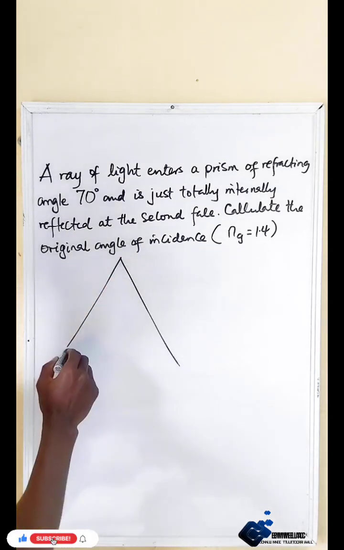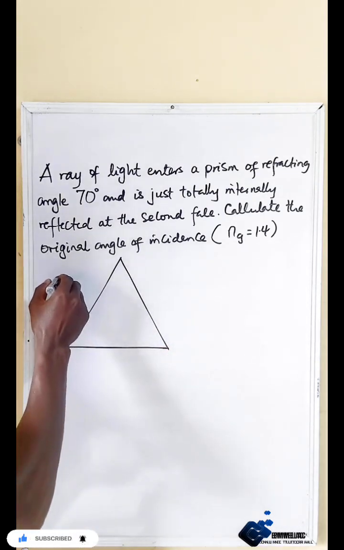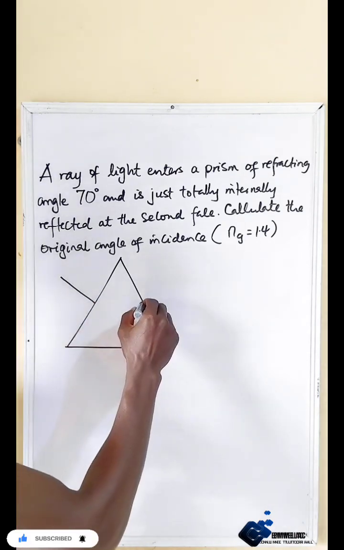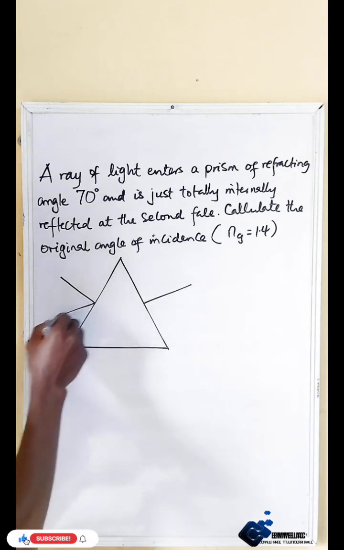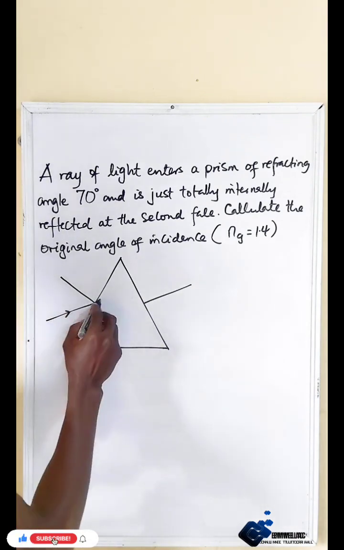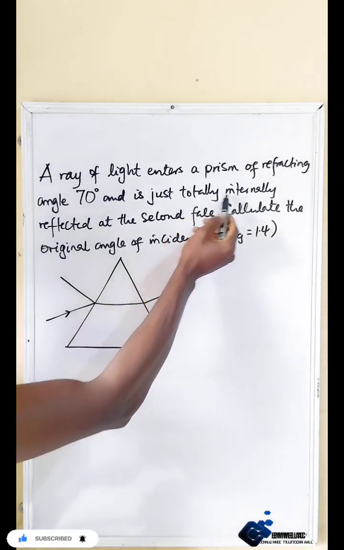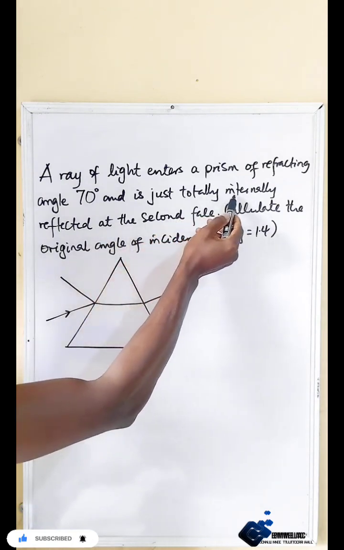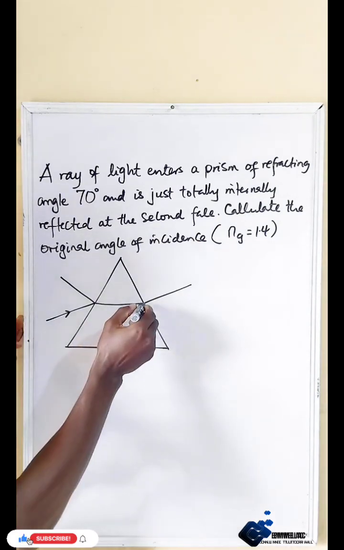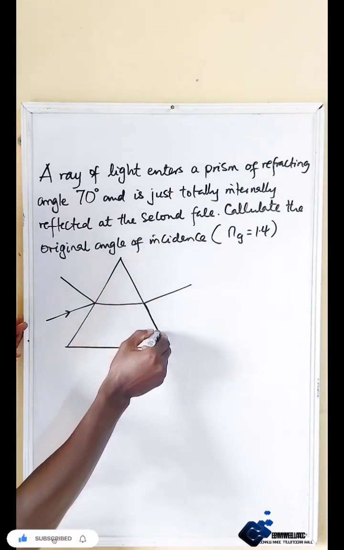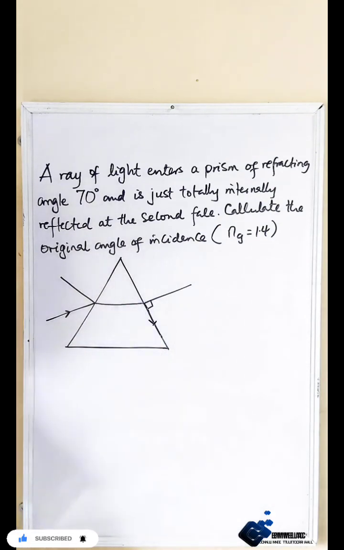Now let's assume this is the prism. Let's say this is our normal, this is our normal, and this is the incident ray, which went like this. Since it is totally internally reflected, the emergent ray now passes this way, making the angle 90.